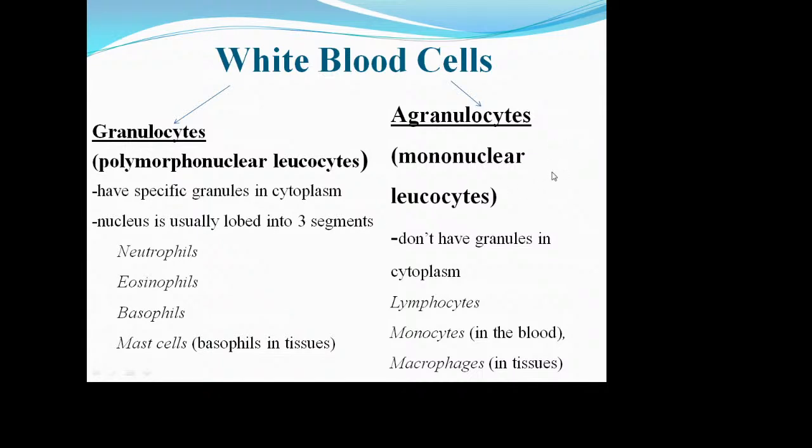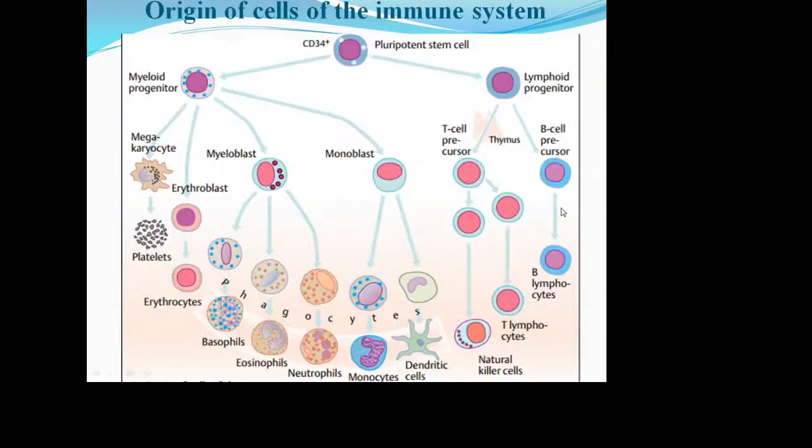Agranulocytes are also called mononuclear leukocytes. They don't have granules in cytoplasm, and they include lymphocytes, monocytes that are present in the blood, and macrophages in tissues. Let's come back to them. These are granulocytes.